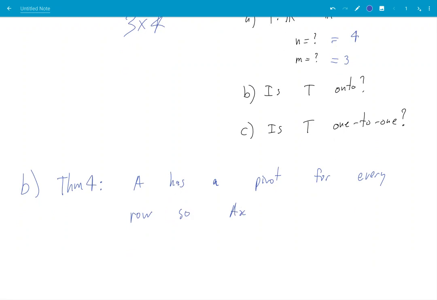So AX equals B is always consistent. Okay, for any B you pick.